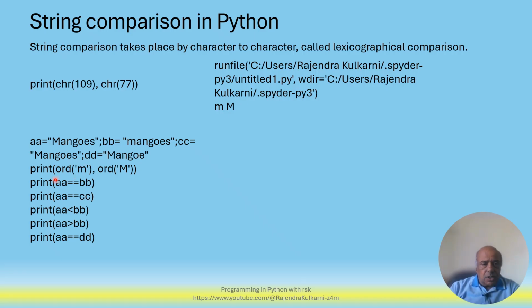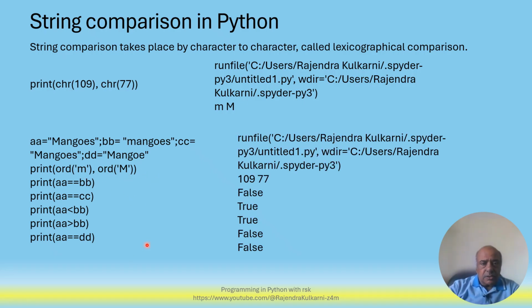So here ord of m, this m is represented by 109. So we expect output as 109 here and output as 77 in this case. When we run this program, we get 109 and 77 as the output of ord m and ord capital M.